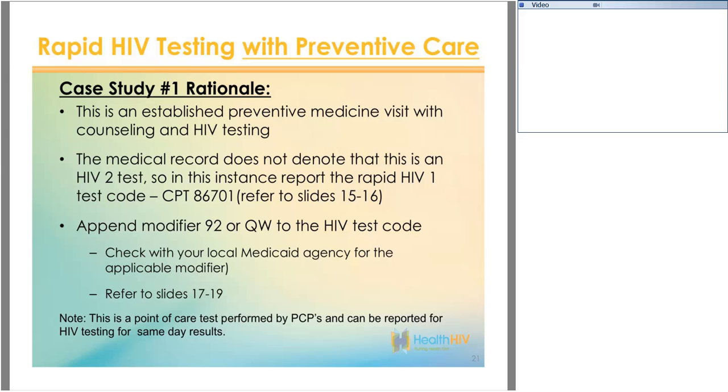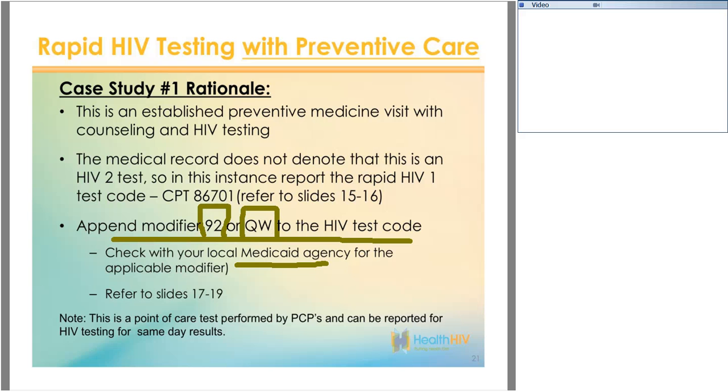Okay. So to further the modifier we established based on your local Medicaid agency, the modifier that you would be using would either be a 92 or a QW. These would be the only two modifiers that would be utilized for this point of care HIV test.